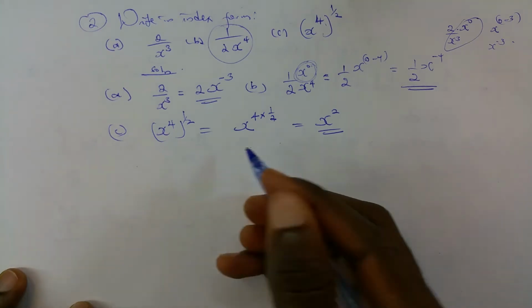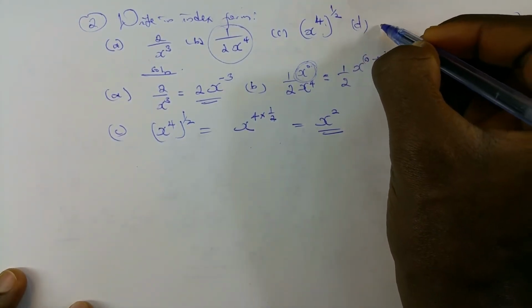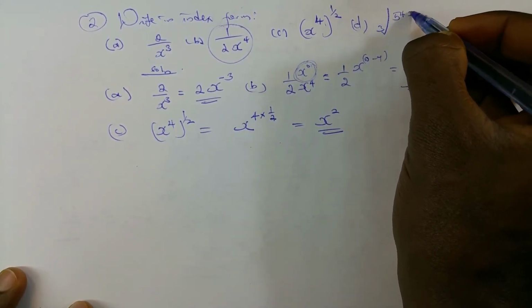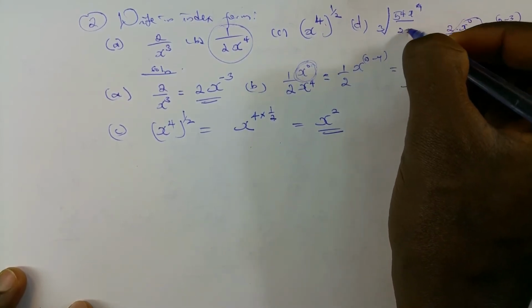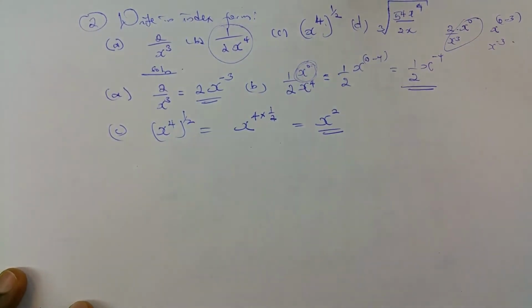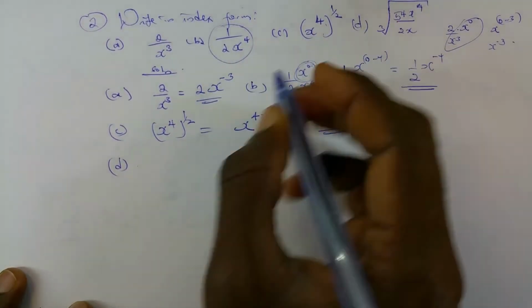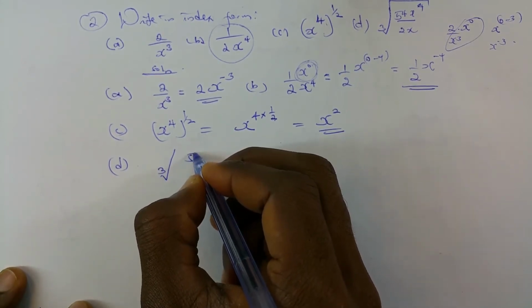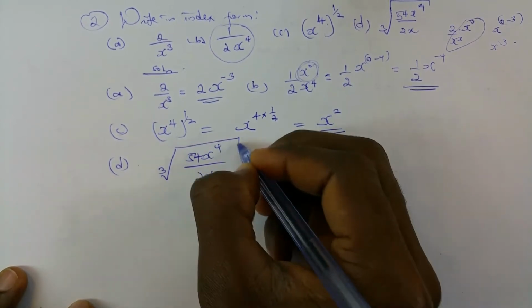Let me add another one, D. I want something a bit more complex. Let's say the cube root of 54 x to power 4 out of 2x, all under that root.